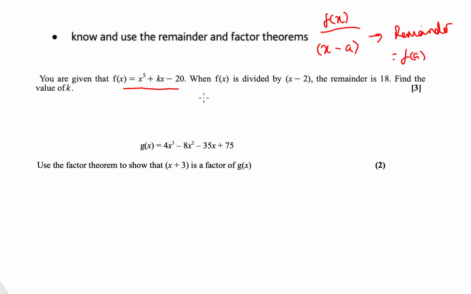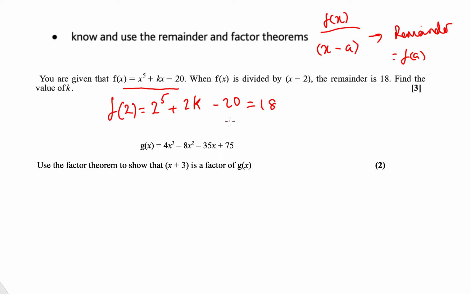So in this case, the remainder is going to be equal to 18. So we know that f of 2, in this case our a value is 2, equals 2 to the power 5 plus 2k minus 20, and that equals 18 by the remainder theorem.